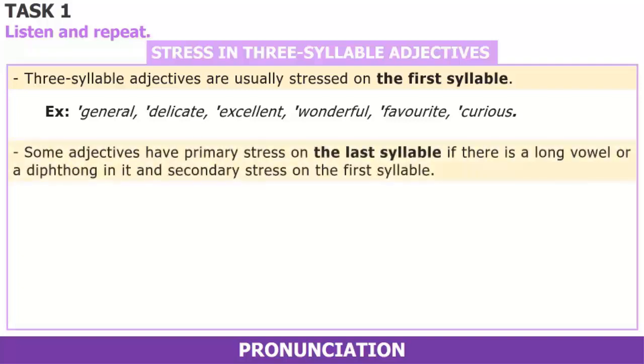Secondly, some adjectives have primary stress on the last syllable if there is a long vowel or a diphthong in it, and secondary stress on the first syllable. For example, obsolete, Vietnamese, Portuguese.